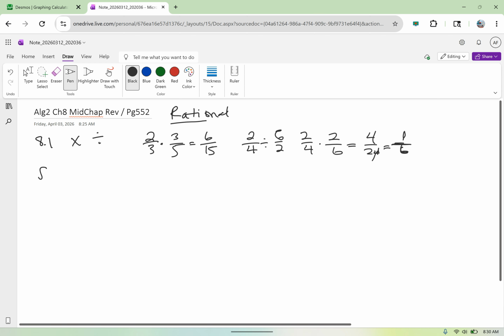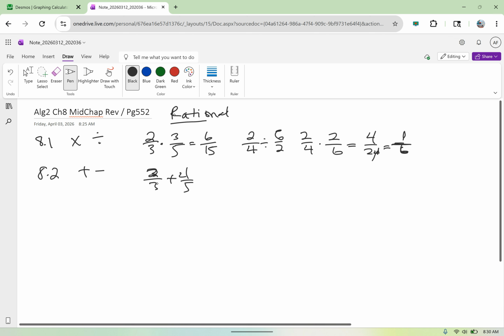Okay, 8.2, we are plussing and minusing. And what is true for plus and minus both, you have to have the same denominator. So we would rewrite this to be base 15, do the same to the top.